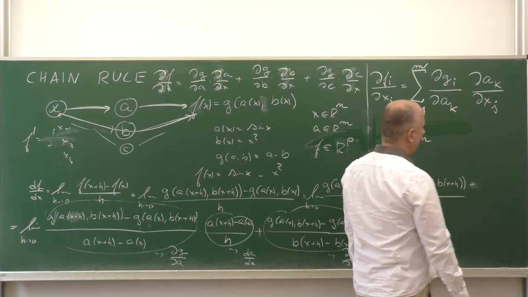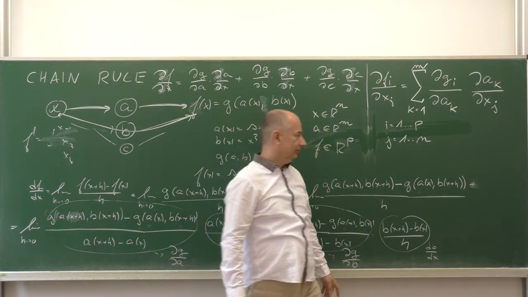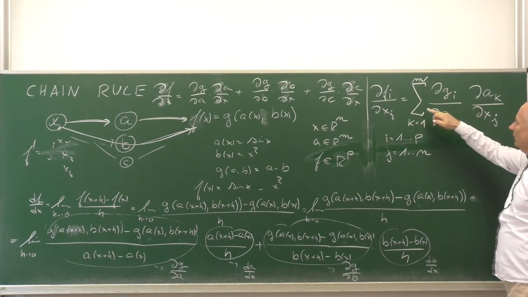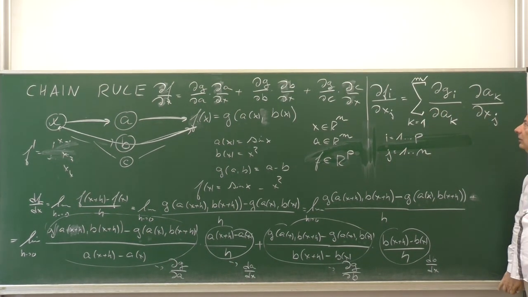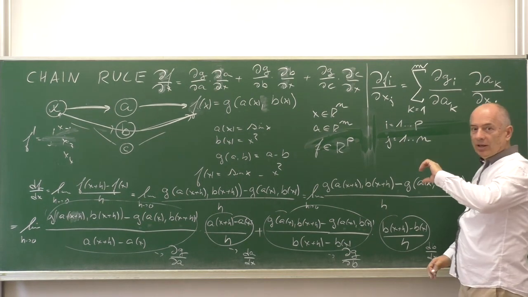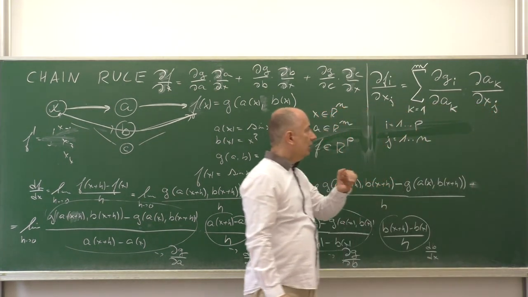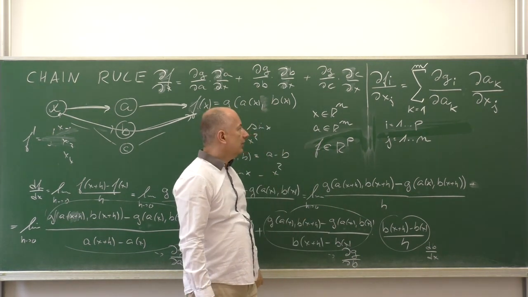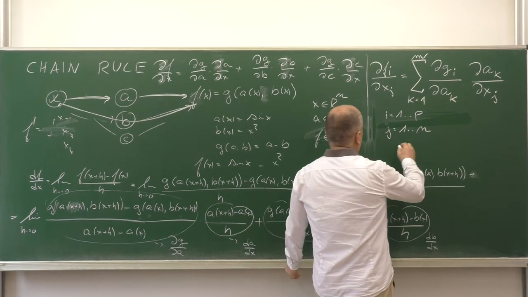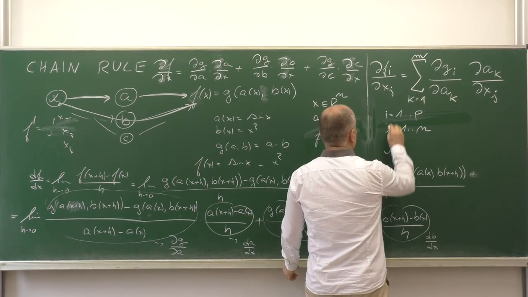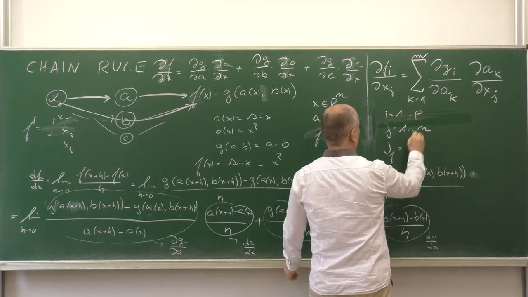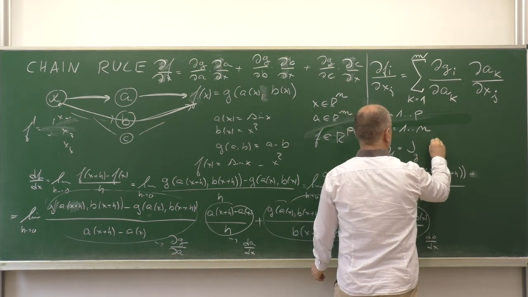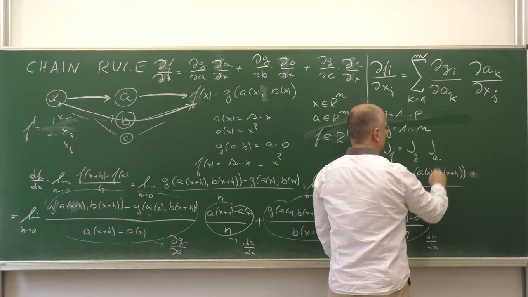Well, and if you remember matrix multiplication, then this is exactly matrix multiplication. The sum of these terms is the scalar product of one row of the first matrix times one column of the second matrix. So we can write that the Jacobi matrix of the function f is the product of the Jacobi matrix of the function g times the Jacobi matrix of the function a, the inner function.